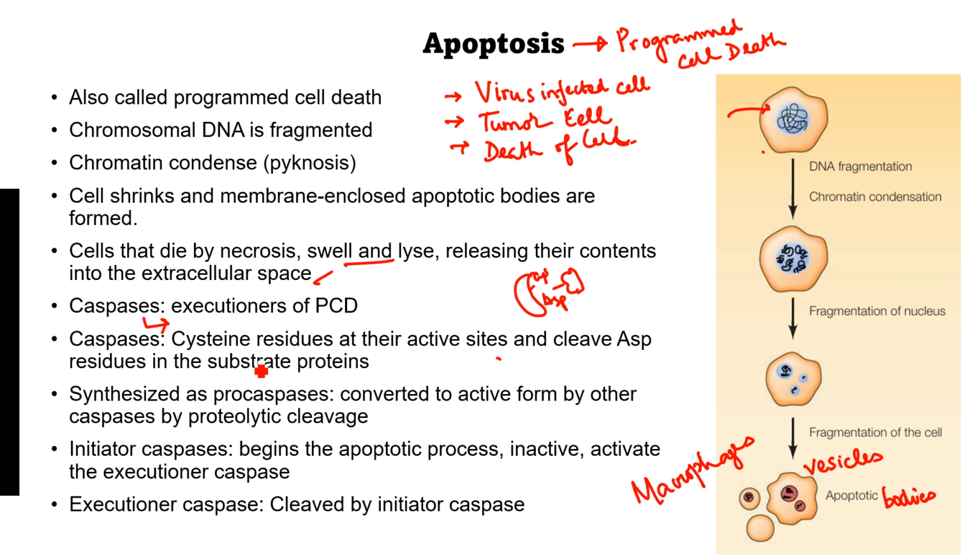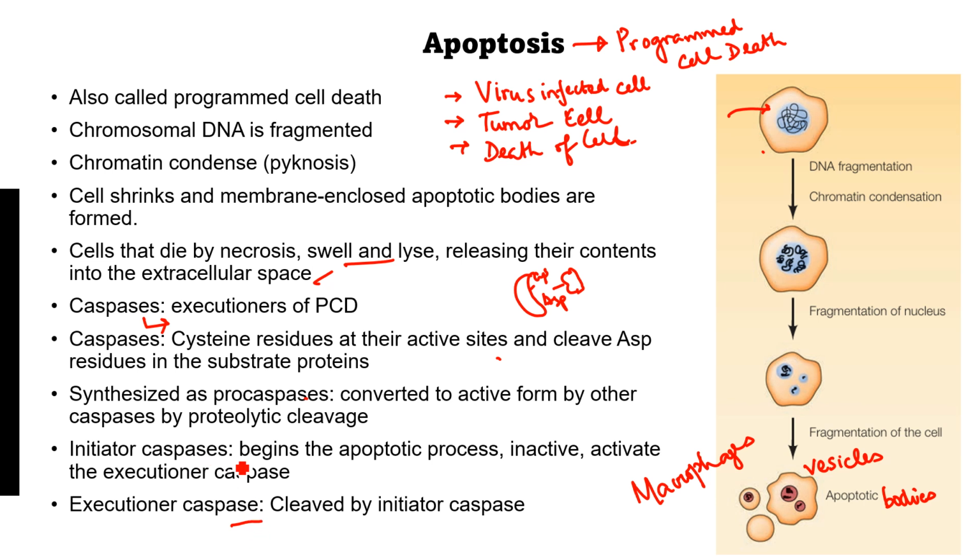Okay, so these caspases are synthesized as procaspases, and they are converted to the active form by other caspases by proteolytic cleavage. So procaspases are converted into caspases by other caspases. For example, procaspase 3 will be converted into caspase 3, then caspase 3 will act on procaspase 8 and convert it into caspase 8. In this way, a cascade of reactions takes place. There are initiator caspases and executioner caspases.